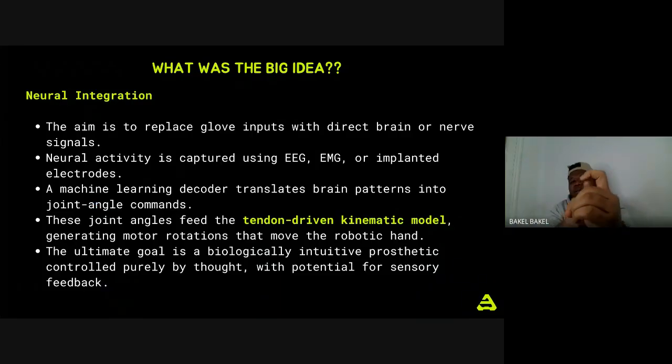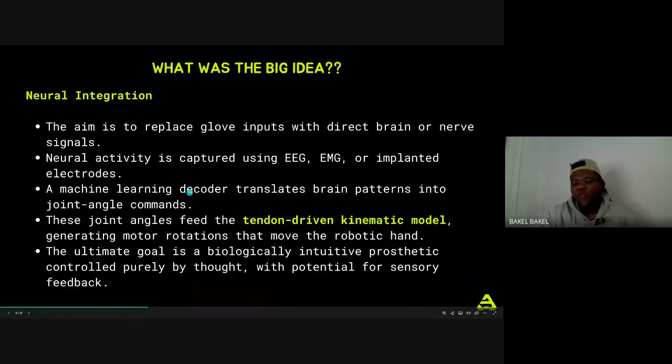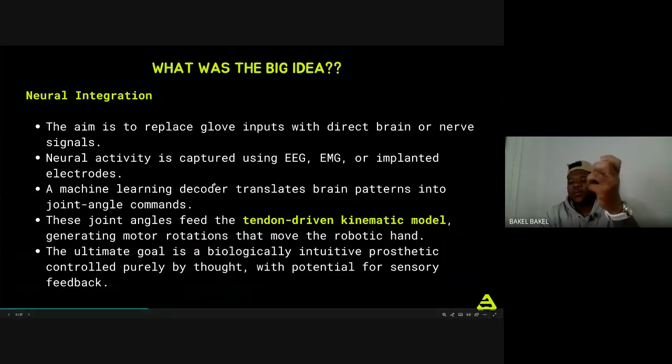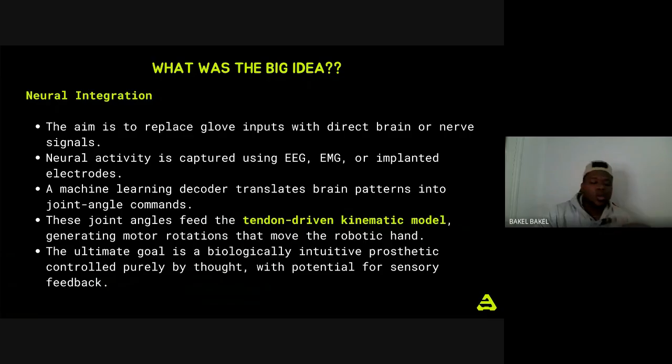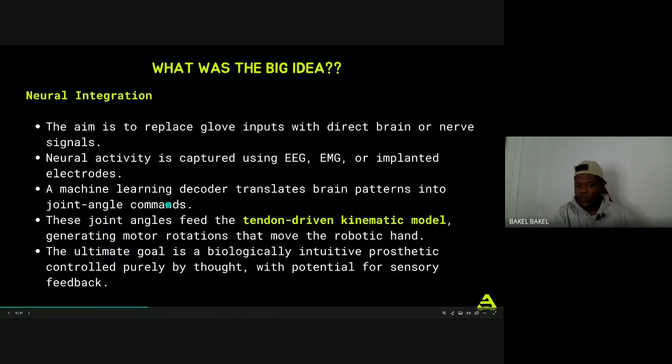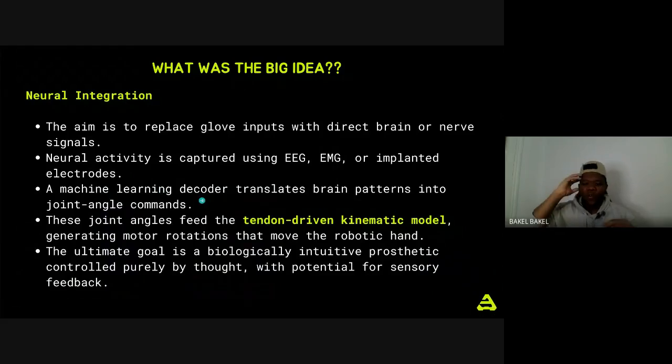Think of joint angle as how your fingers bend and fold. What they want to do is use the third line. What that machine learning decoder means is that from your brain signals, you'll be able to get how to turn the hand or clench your fist, whichever.